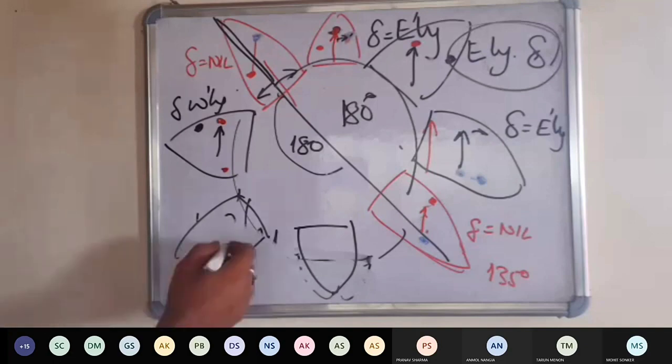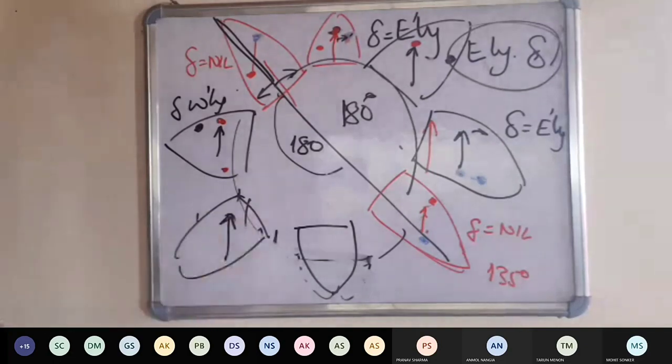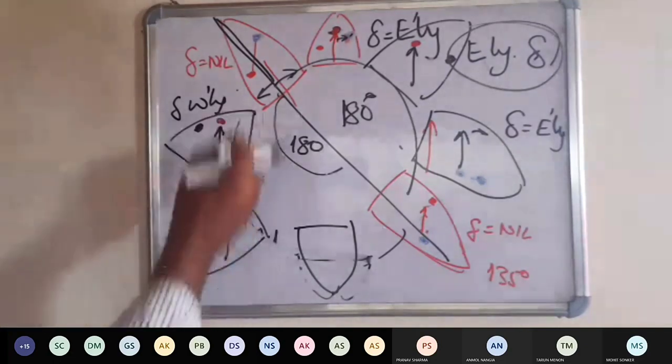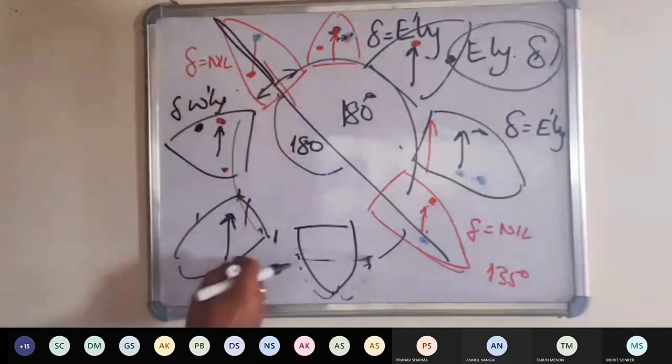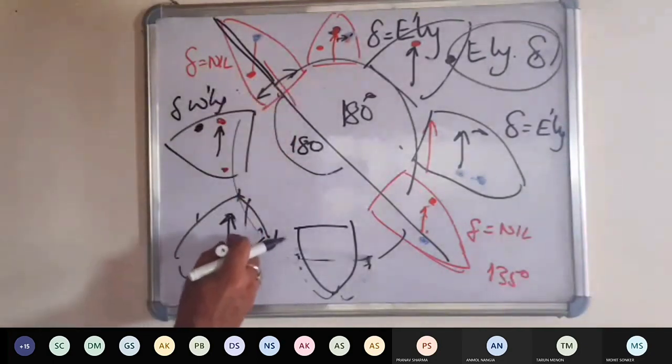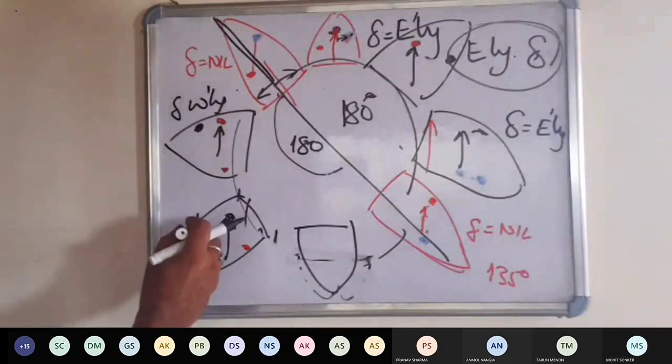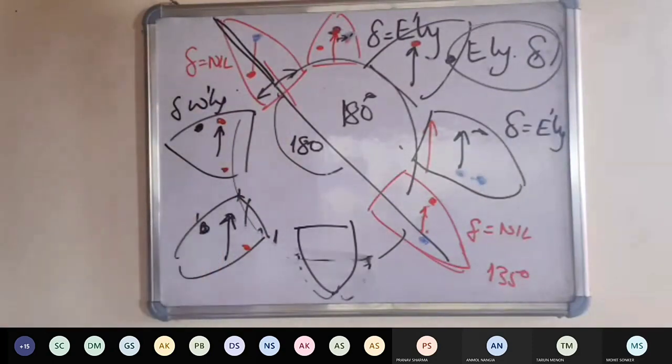In this case the compass is like this, the red pole is here, blue pole is here.